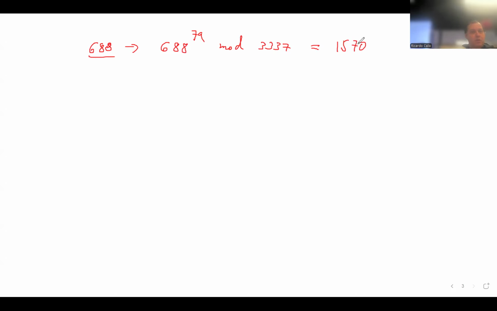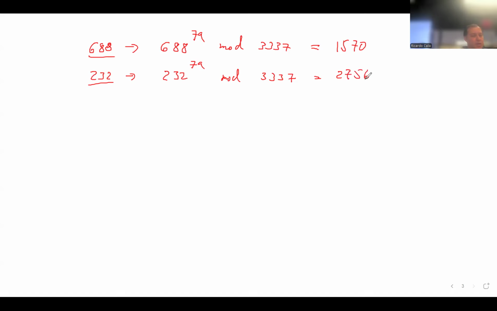All right. Then we do the next block, which is 232. That's the next block. This is plain text. Remember, this is all plain text. So I do 232 to the 79 mod 3337, and that's going to give me 2756.